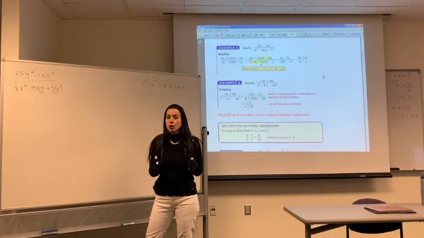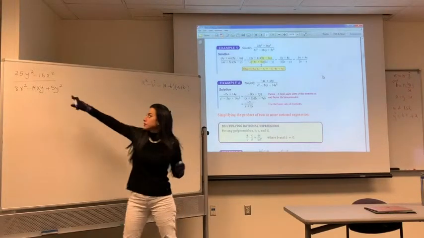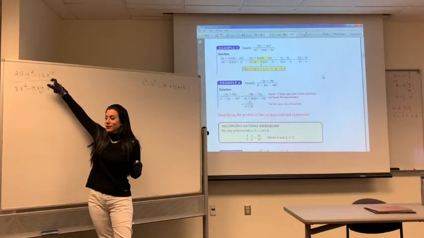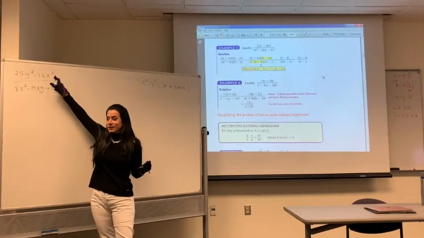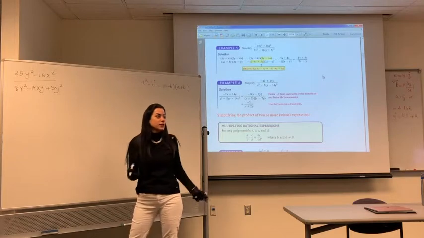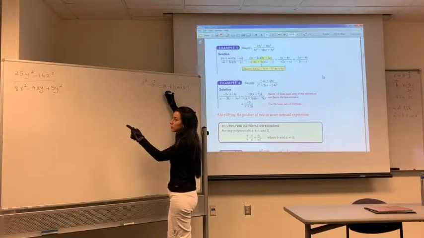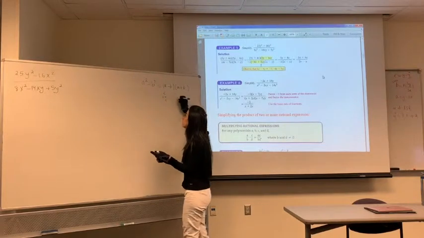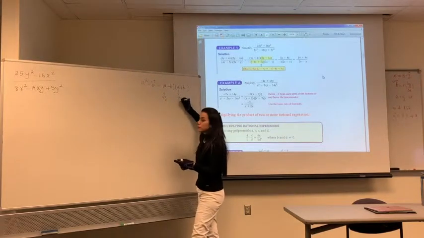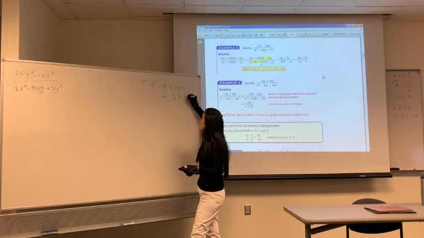It was 4x. And then it becomes complete 16x squared, correct? So the first term here will be 5y, correct? And then the second term will be 4x.